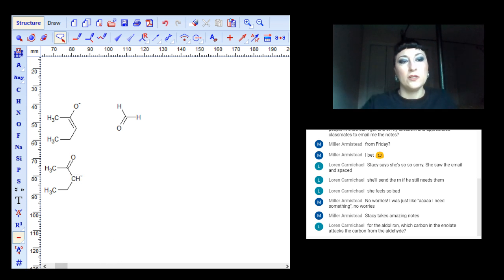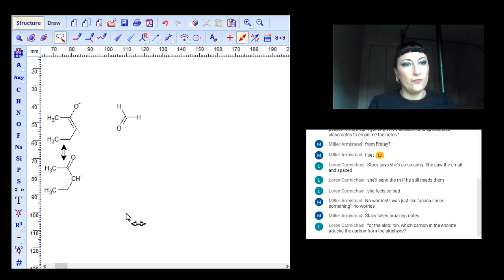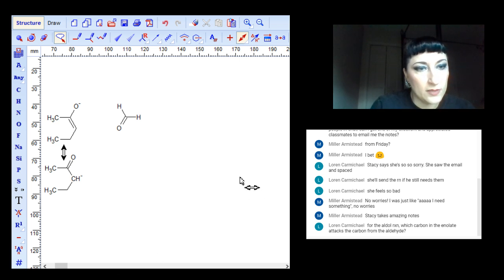If you look at those as resonance structures, which they are, only one of those carbons is going to be able to react. You couldn't have the carbon attached to the oxygen doing any kind of nucleophilic work on this. So you're really looking at this molecule here, at the bottom.